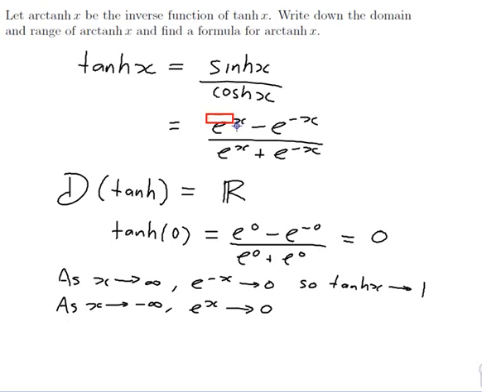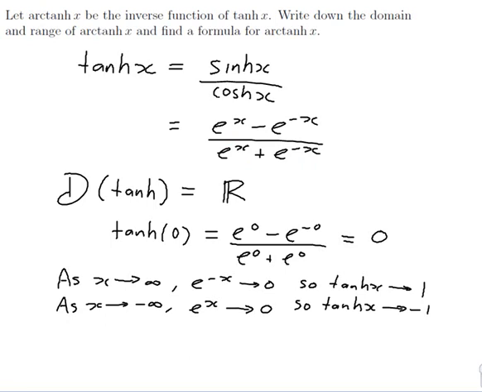So this time it's the e to the x that goes to 0, and I'm left with this bit here, which is minus e to the minus x over e to the minus x, which is minus 1. So tanh x goes to minus 1. So I can get everything between 0 and minus 1 as well. So it appears I can make everything between minus 1 and 0 and everything between 0 and 1, but I can't make 1 and I can't make minus 1.